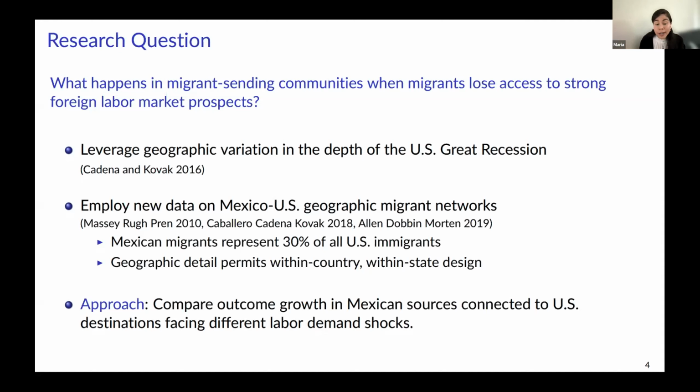And because of the geographic detail that we have in our data, that allows us to observe within country and to have a within state research design. So our approach compares changes in outcomes for each Mexican source community or region that is connected through the migrant network to US destinations that face different labor demand shocks.